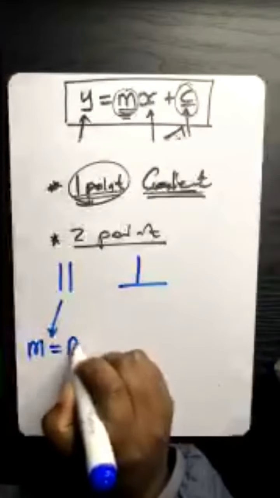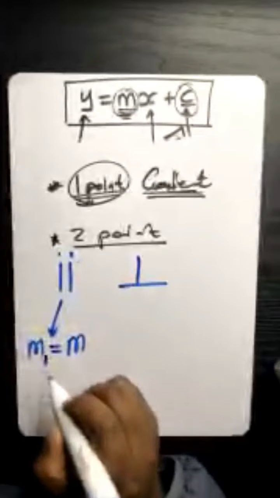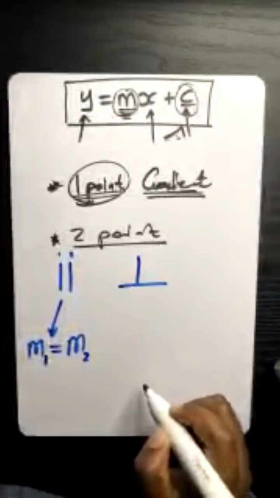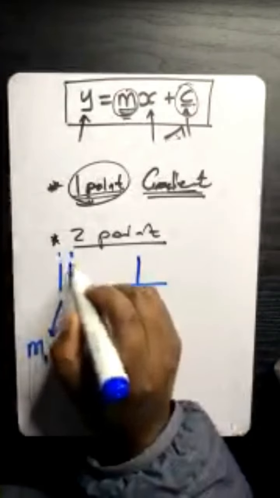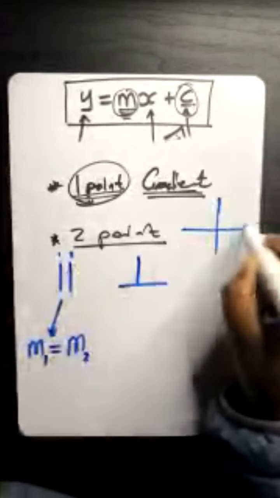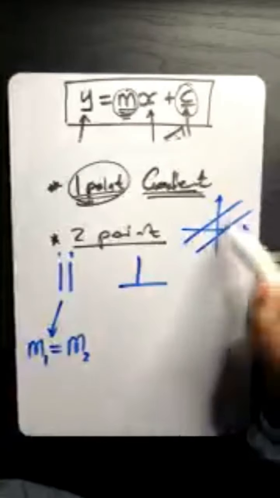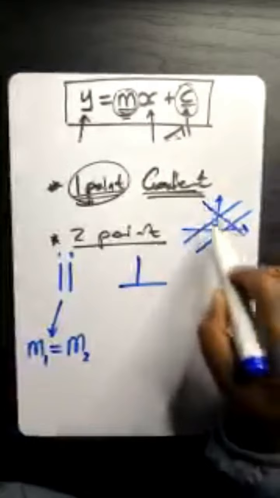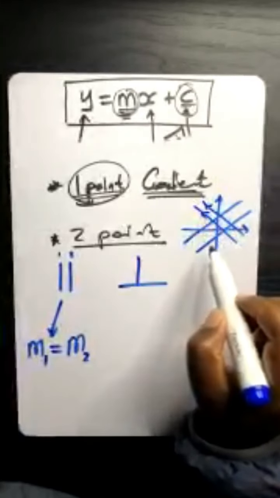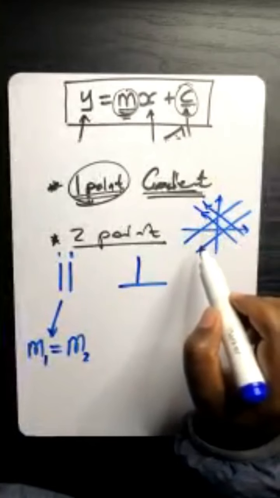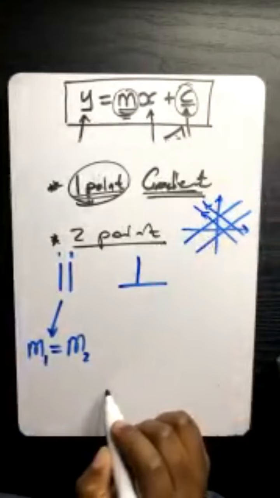Let's say this is line 1 and this is line 2. The gradient of line 1 equals the gradient of line 2. It's not always 2 vertical lines. On a Cartesian plane, you can have lines in that direction or otherwise in that direction. If these 2 lines are parallel to each other, it simply means the slope or gradient is the same or equal.